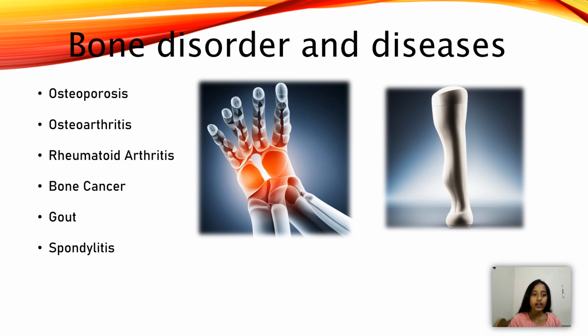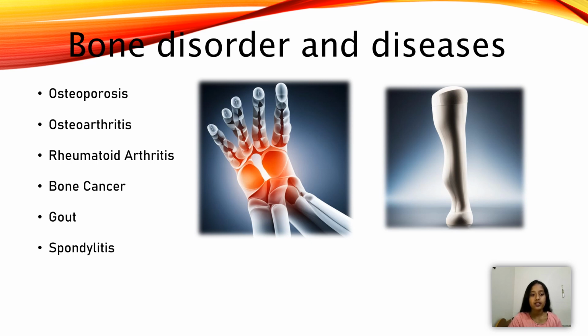Rheumatoid arthritis is an autoimmune disorder. It causes inflammation and pain in the joints. It deforms the joints, and usually leads to less movement between the bones.